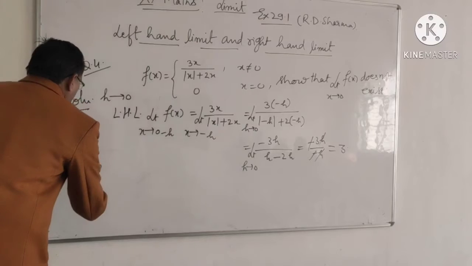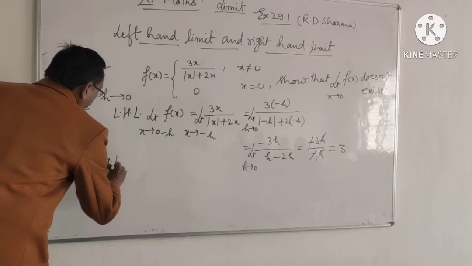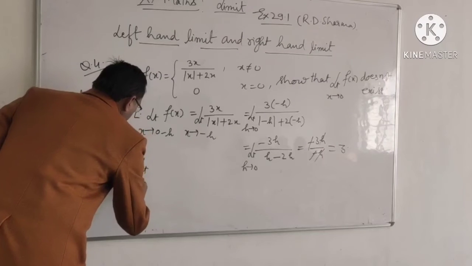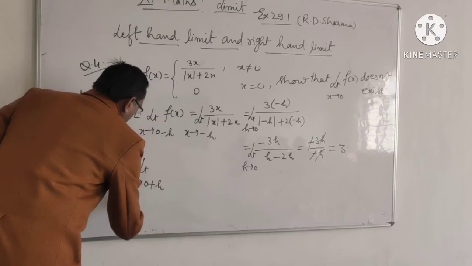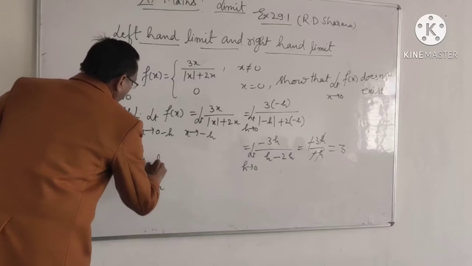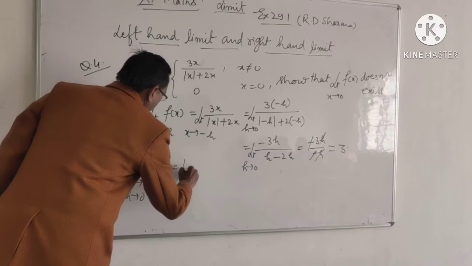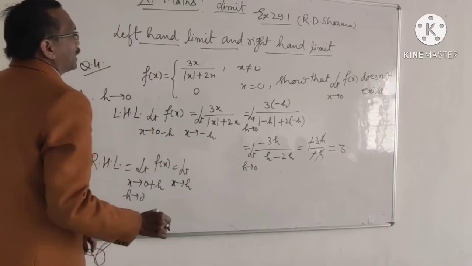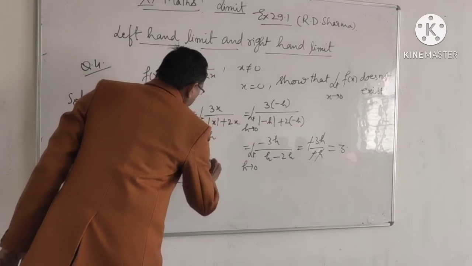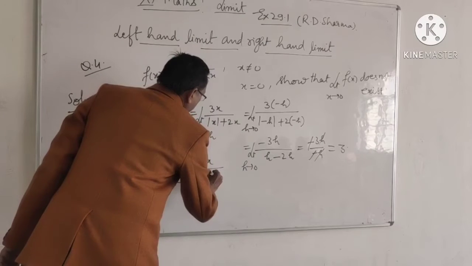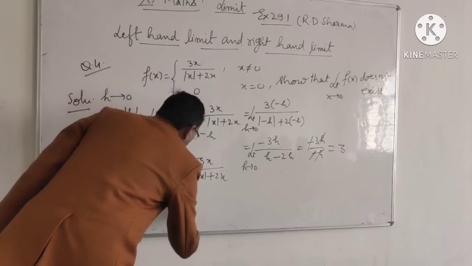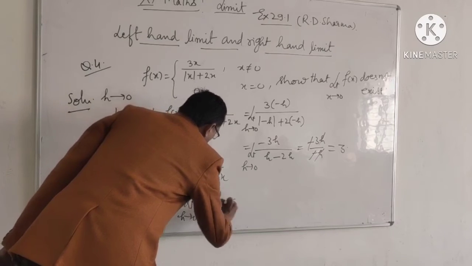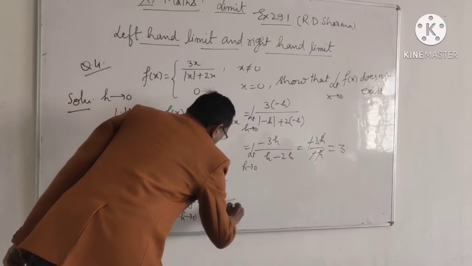Now let us find the right hand limit. It is limit x tends to 0 plus h, h tends to 0, of f(x). With x as h, it is 3x upon mod x plus 2x, so limit h tends to 0 of 3h upon mod h plus 2h.